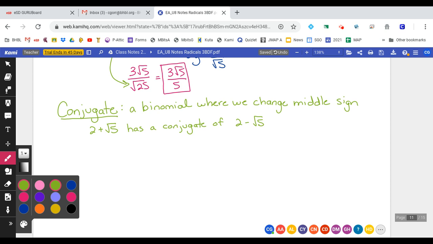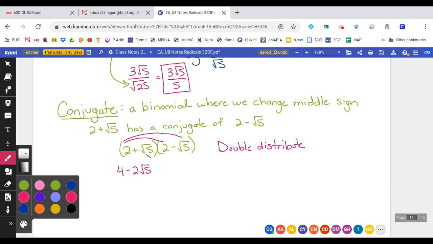And the reason is, if I take 2 plus radical 5 and I multiply by its conjugate, so it's kind of like its opposite, but not quite, and I double distribute, 2 times 2 is 4. 2 times negative radical 5 is negative 2 radical 5.